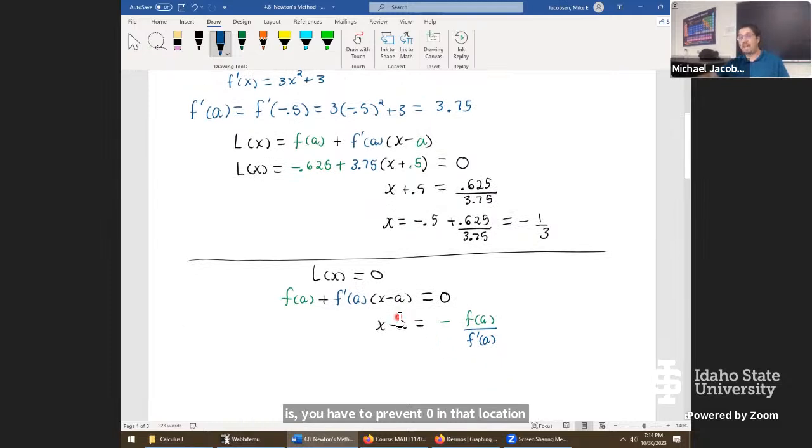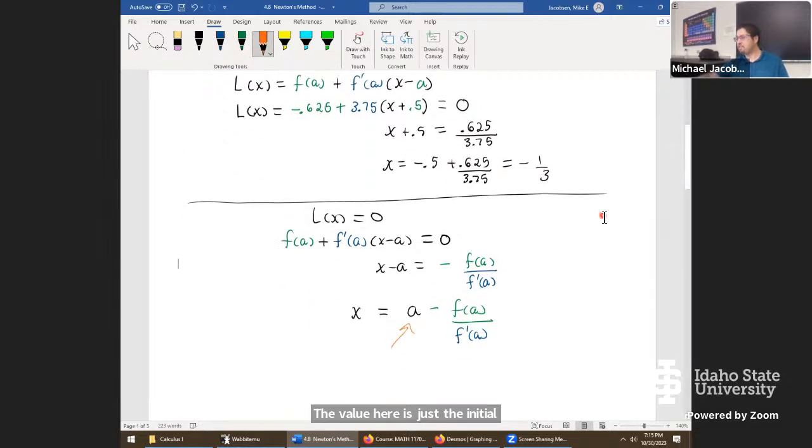Next, just like we did before, I'll add the a, which is like subtracting the 0.5, and we get x equals a minus f of a divided by f prime of a. The value here is just the initial guess. And sometimes instead of calling it initial guess, we call it x naught, the first value of x that you're putting into this process.